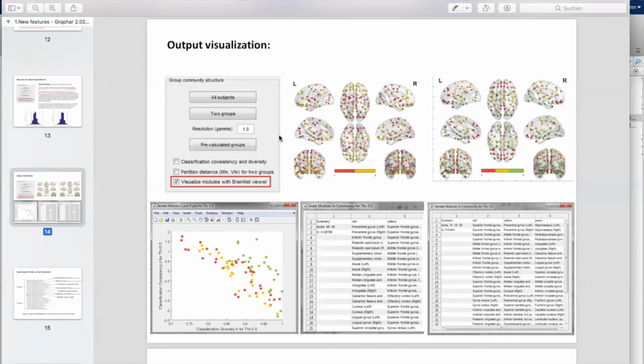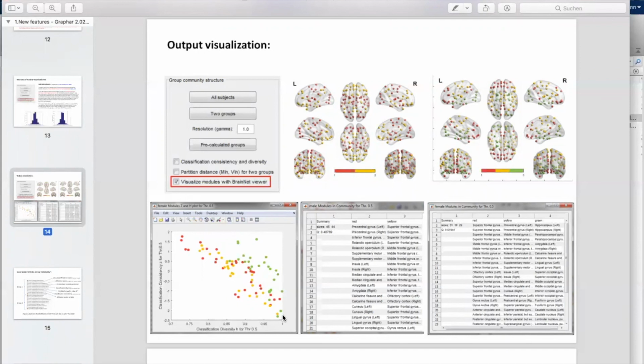To sum it up, you can do analysis across all subjects and compare different characteristics between two groups, specifically the quality index Q, but also look at the classification consistency and diversity. Based on those plots, you can determine if there are specific nodes that are really important as part of a local connectivity hub in the respective module, or rather ones that facilitate information transfer by means of a high classification diversity.